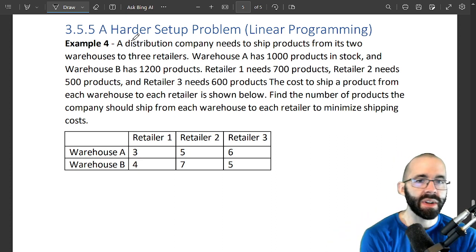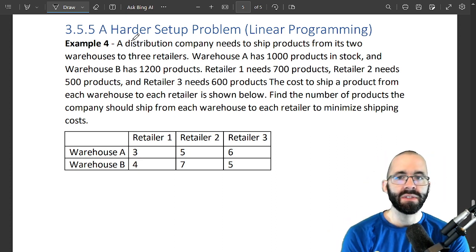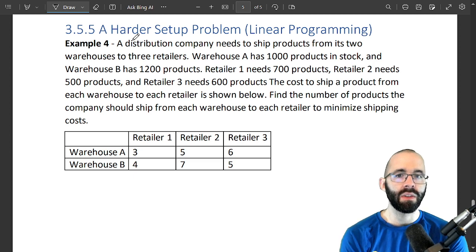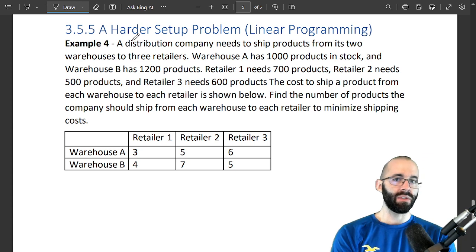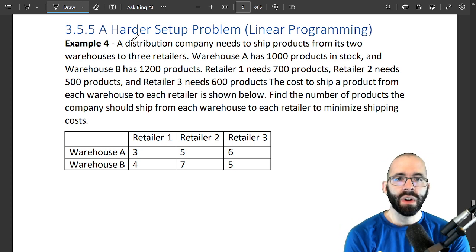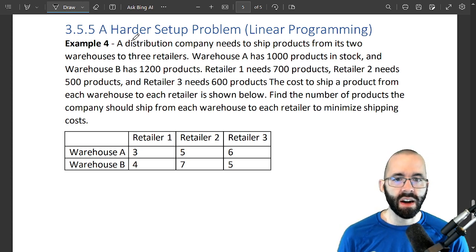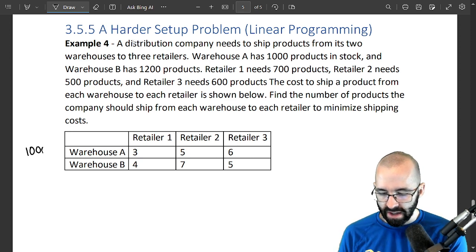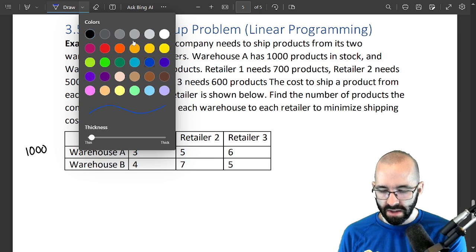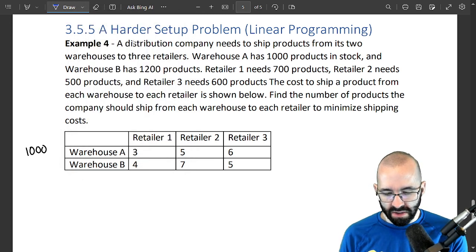A distribution company needs to ship products from its 2 warehouses to 3 retailers. 2 warehouses full of stuff needs to go to 3 different retailers. Warehouse A has 1,000 products in stock. That's not written in our table, so let's say that it has 1,000 products in stock. Warehouse B has 1,200.